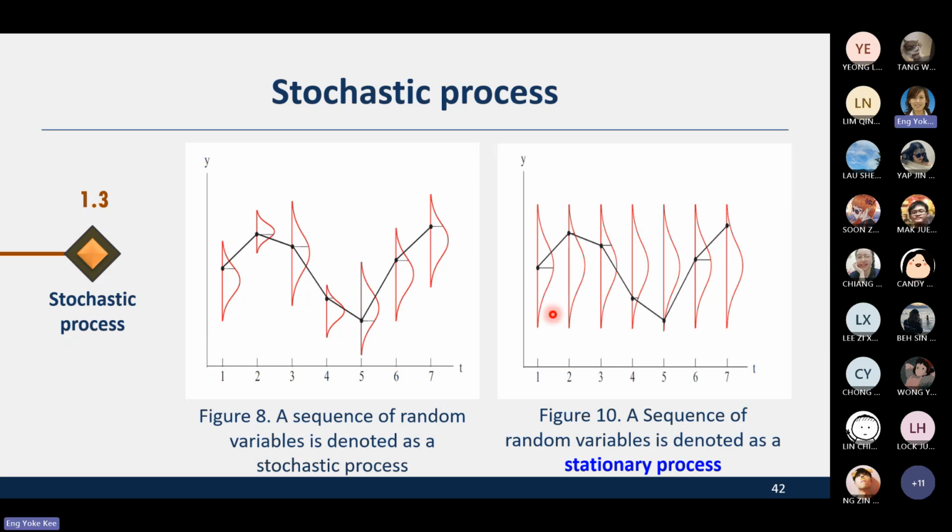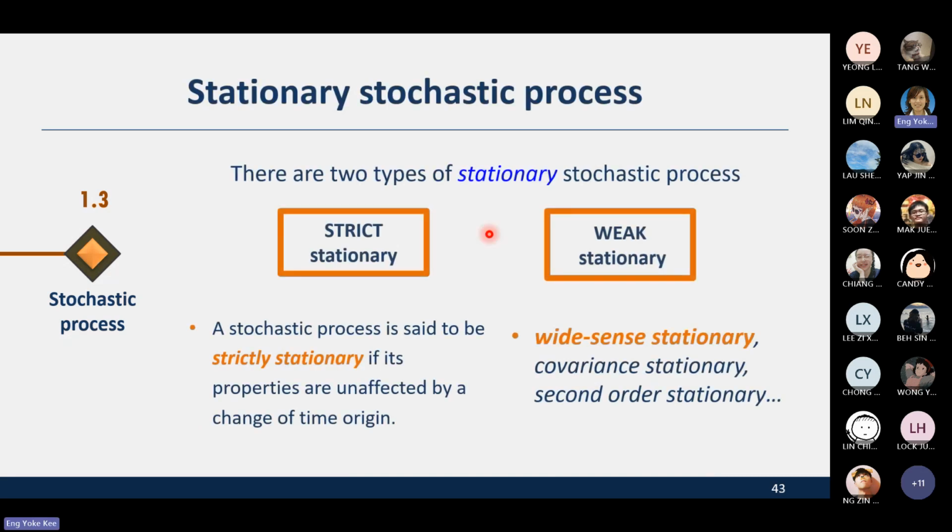This is what we call a stationary stochastic process. This is not stationary though, because sometimes big, sometimes small. So what we want is for this stochastic process to be stationary.